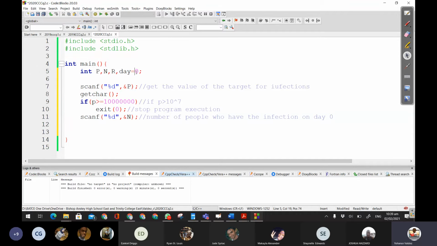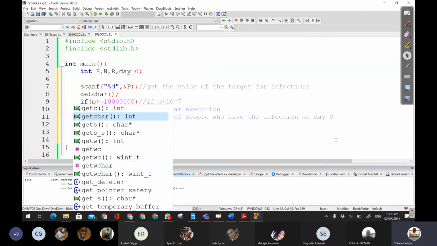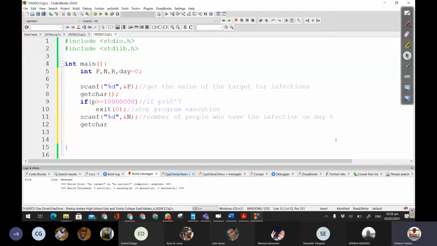Agreed? Okay, so we have the number of people who have the infection on day 0, and we know that n is not supposed to exceed the value of p.